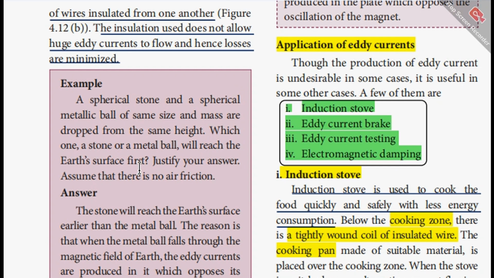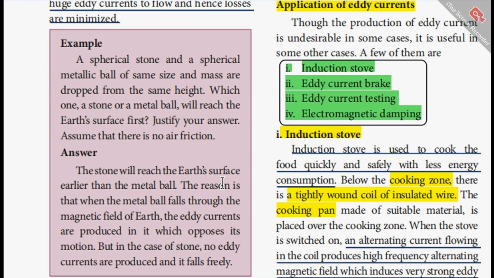If we assume that there is no air friction, you will just think that the stone and the spherical metallic ball will reach the ground at the same time, but actually the stone only will reach the Earth's surface earlier than the metal ball.